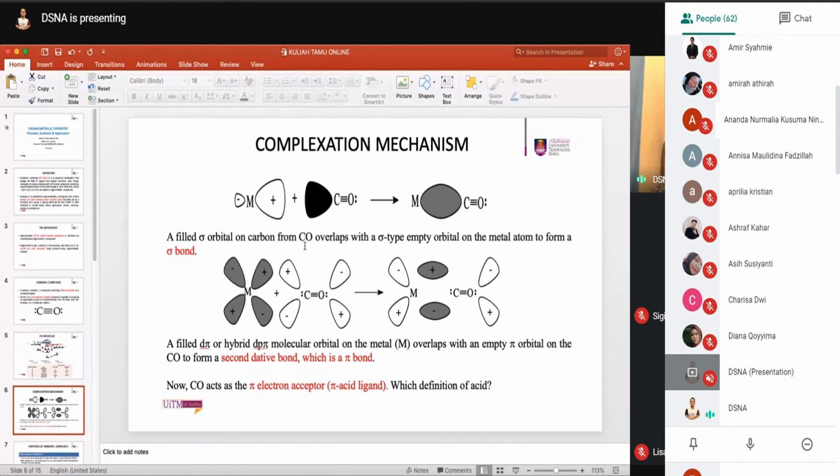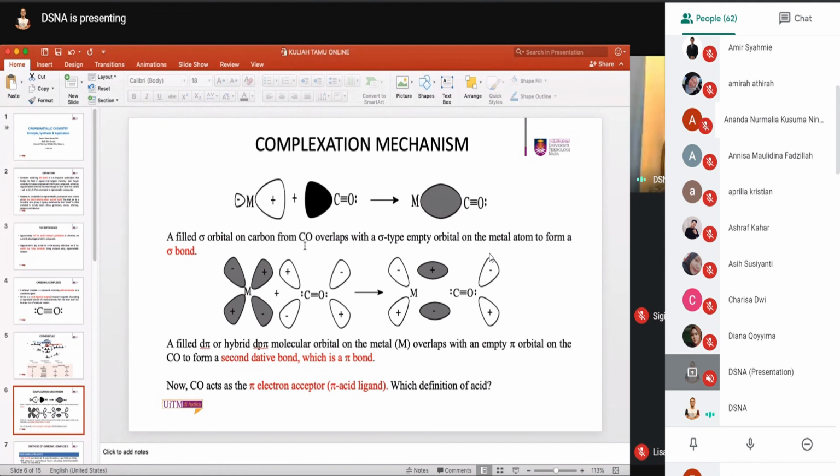When I say it is from carbon, it is actually from the carbon monoxide, because it's always a molecular orbital that we are talking about. When they are forming a molecule, it's no longer an individual atomic orbital.